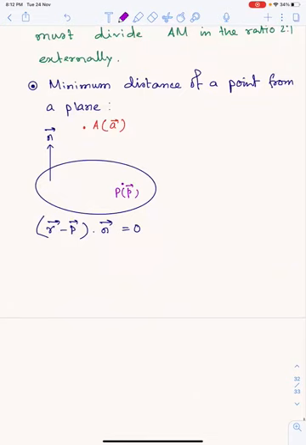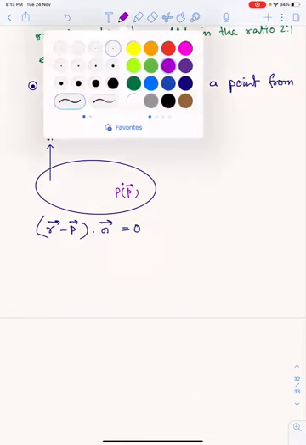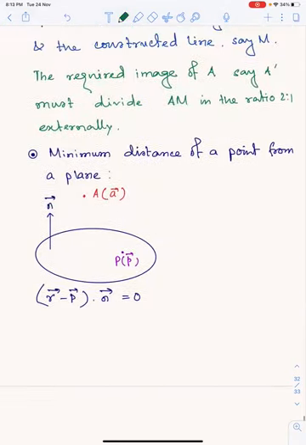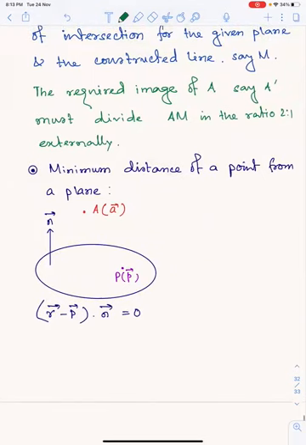So we can also think of having a possible measurement in the form of the vector AP, and if I project AP along n vector, then definitely it will be the minimum distance.